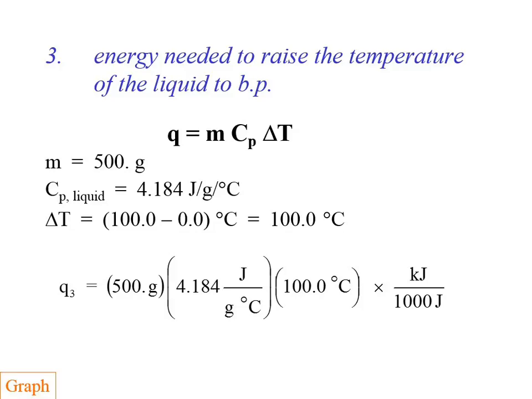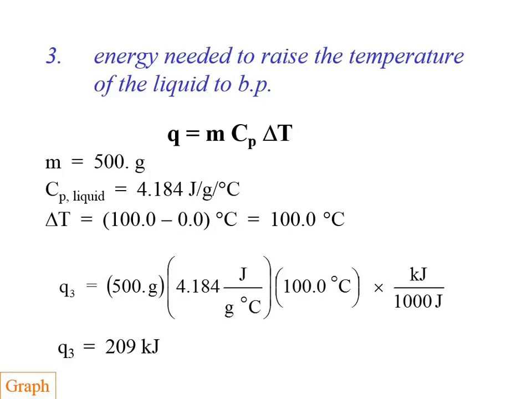So we take the mass, which is 500 grams, 3 sig figs, times the specific heat of liquid water, 4.184 joules over gram degrees Celsius, times our delta T, which is 100, and I went ahead and gave it 4 sig figs, 100.0 degrees Celsius delta T, and then converted it to kilojoules with 1 kilojoule over 1,000 joules. And 3 sig figs looks like this, 209 kilojoules. So that's 3 of 5.